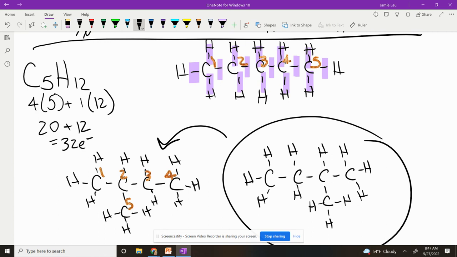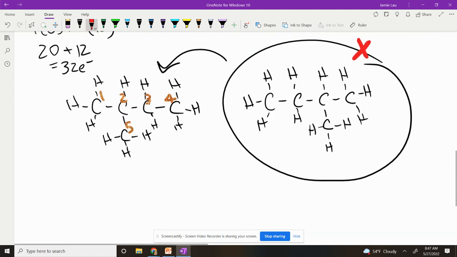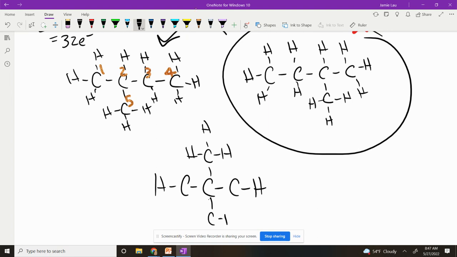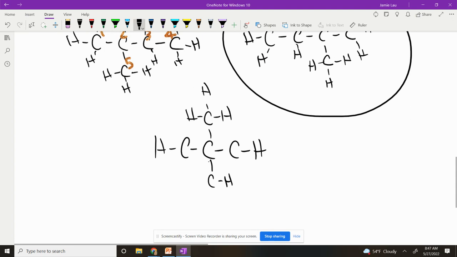There is, however, one more isomer available for C5H12, and that's going to look like this. In this case, we're going to have 3 carbons in a row with a carbon coming off the center and a second carbon coming off the center.